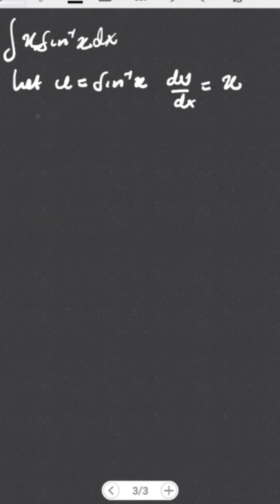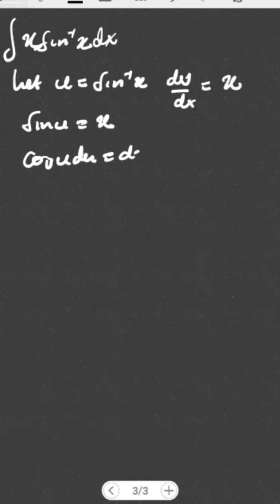So you find that sine of u equals x, and therefore if I differentiate on both sides, I'm going to get cos of u du equals dx, and therefore du dx would be equal to 1 over cos of u.